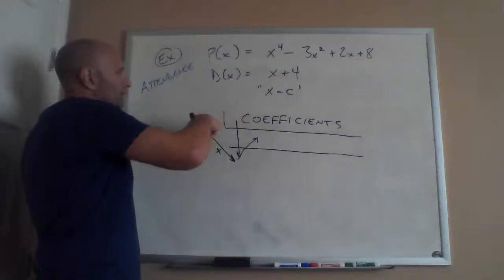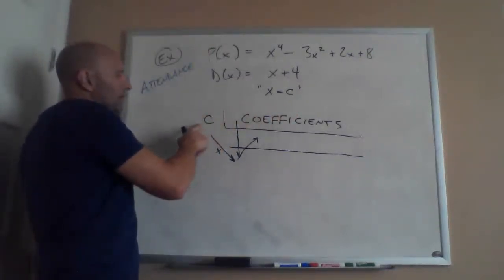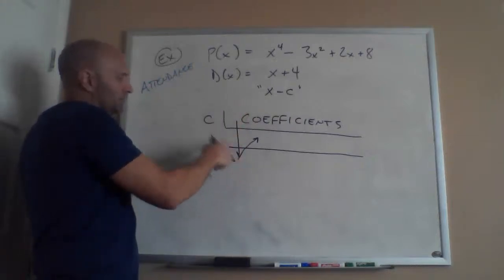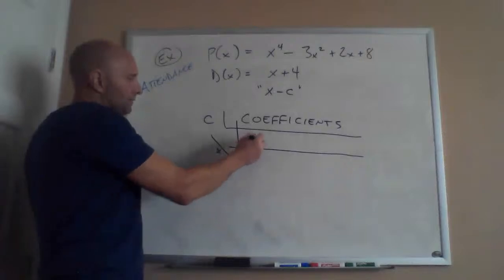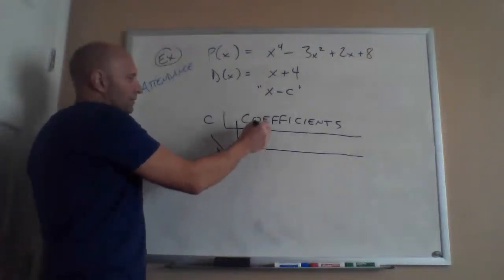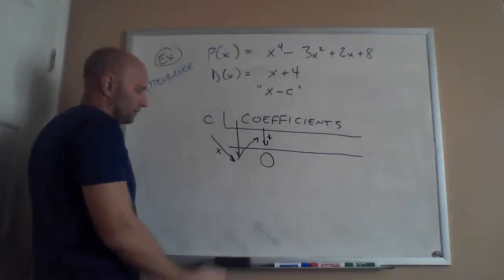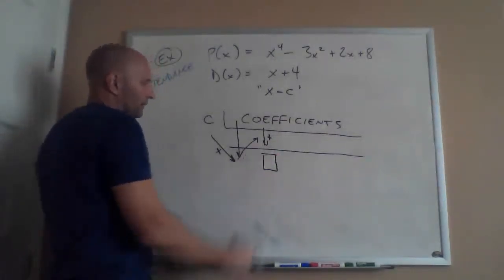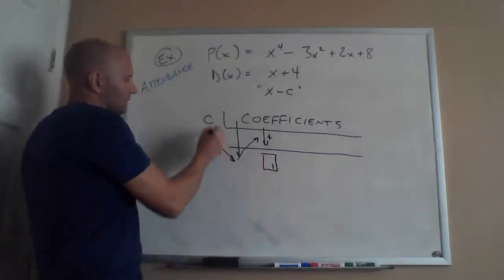So again, the process is going to be our coefficients go up here, c goes on the outside. First step, bring this number down. Then it's just going to be a repeating process. Multiply c by this number. This goes up here. And then we add everything down to get a number at this point. Let me put a box so you don't think it's a 0. So we get some number, whatever, 1.